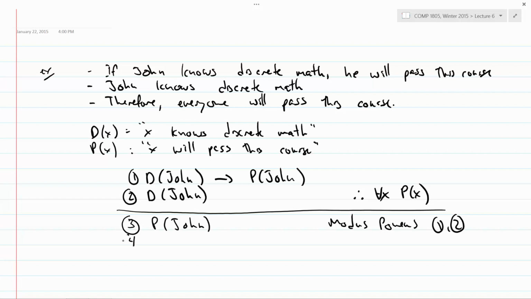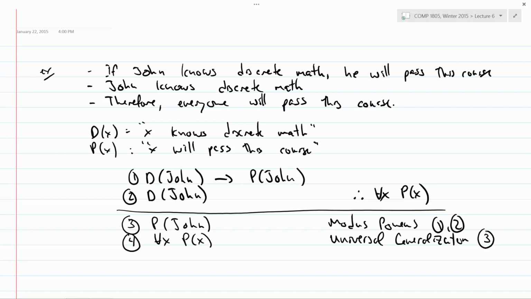Where things start to break down is you say, okay, well, I have P John and I want for all x, Px. So what you might be tempted to do is say, okay, well then I can infer for all x Px, and that's by universal generalization of 3. Why am I not allowed to do that? Yeah? Because you know something about John.